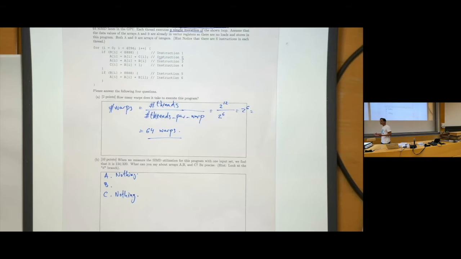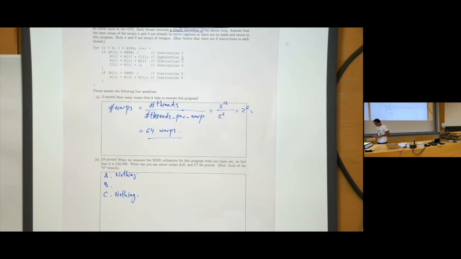But how about B? Clearly, the values in B are important, because in instruction 1, we check if the value in B is less than something. In instruction 5, we check if it's greater than something.